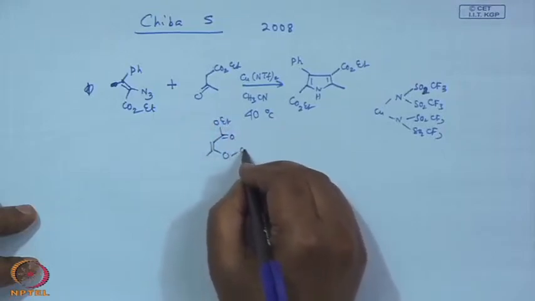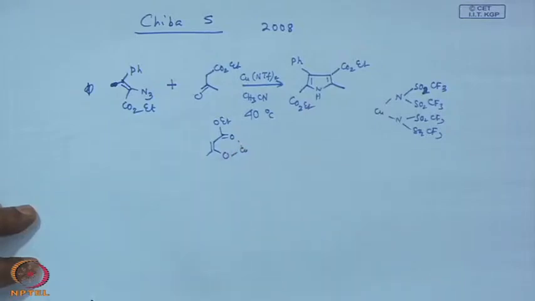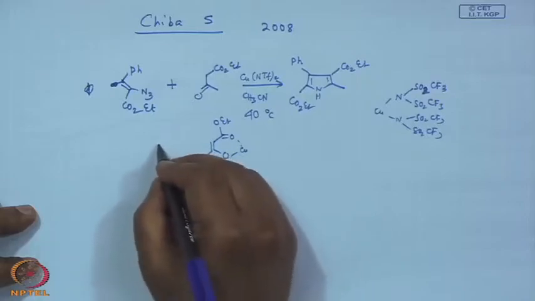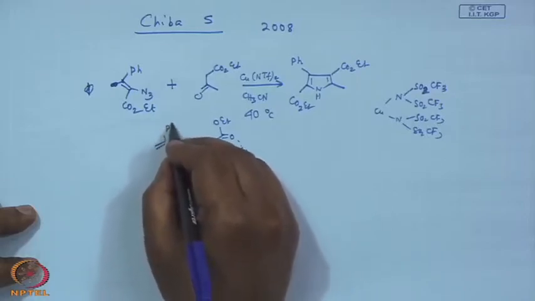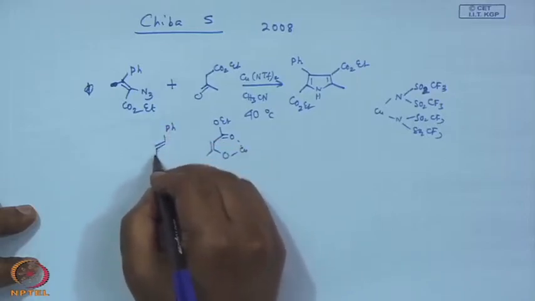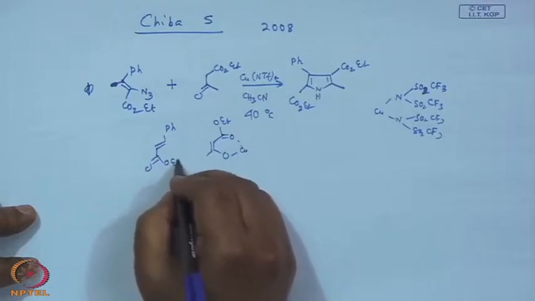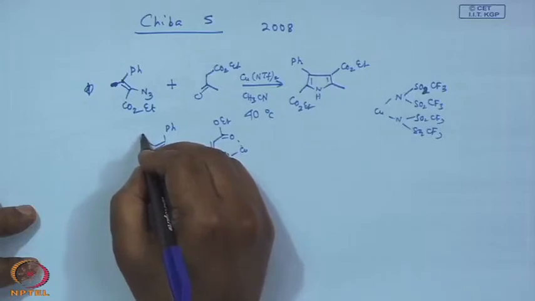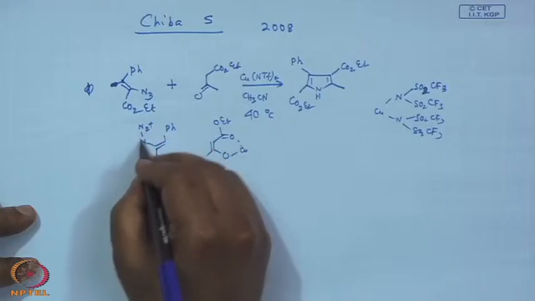Then it forms a sort of copper complex here. What you will have is phenyl, then you have ester here. So, some sort of activation must be there, and copper serves a dual role in this case.